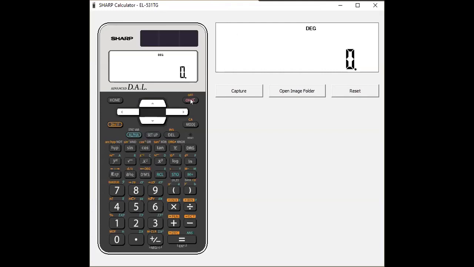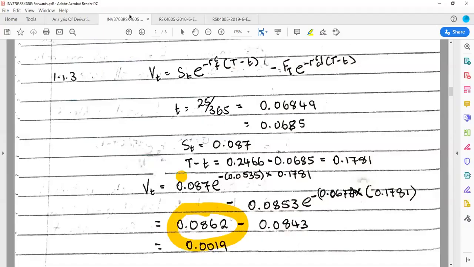I just want to show you how that calculation was done. Firstly, I want to illustrate how I got the first part, 0.0862. To get that first part, you proceed as follows.